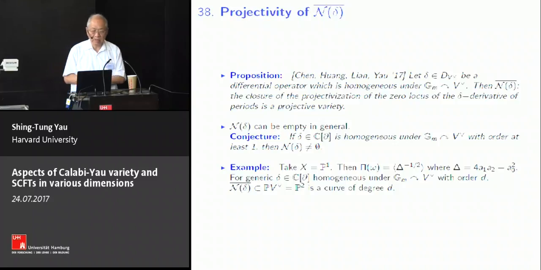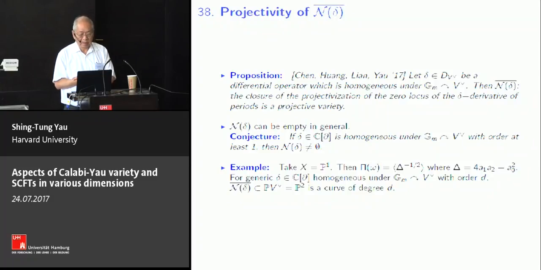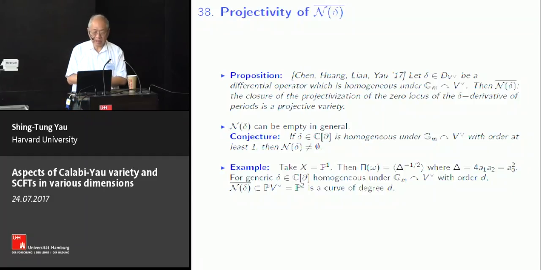Then it turns out the closure is an interesting variety which we can sometimes compute. We conjecture that if delta is homogeneous under G_M with order at least 1, then the zero set is non-vanishing. And this can be looked at in some special cases. So these are monodromy invariant subvarieties.